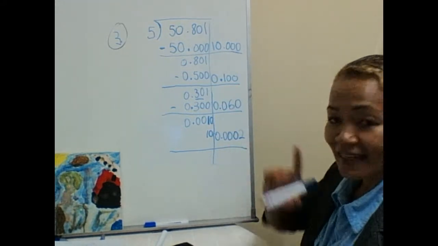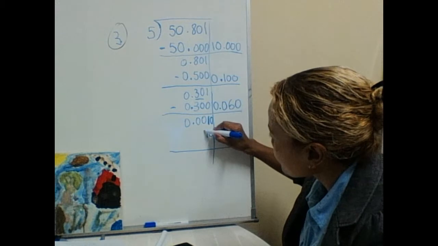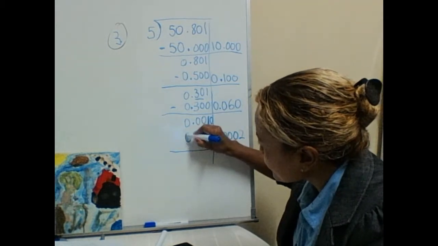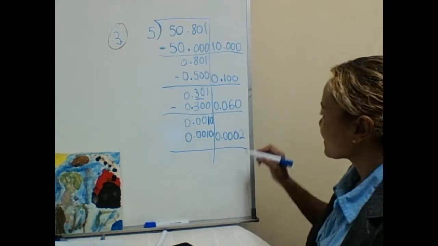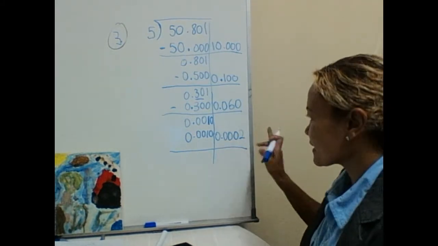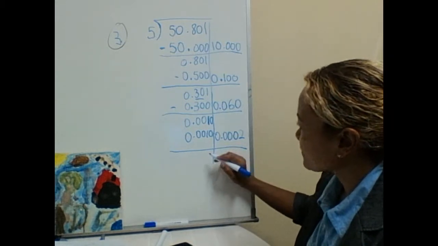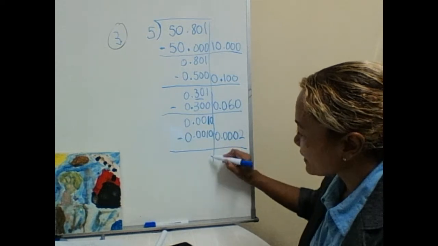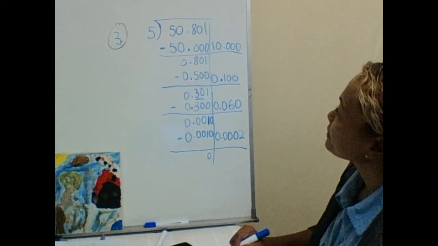Right? Now we fill in all the zeros: 0 before, point, and then a 0 there. Here we don't need to add another 0. We didn't add any zeros after on this side, so it's fine. That is exactly the same number as that, so if we subtract, we end up with 0.